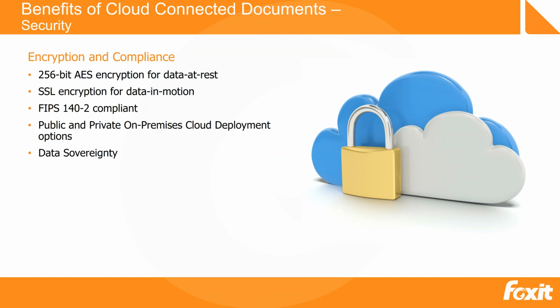Safeguarding sensitive PII and PHI and Homeland Security information is required as part of HIPAA, Privacy Acts, and other regulatory compliance. But Foxit Connected PDF comes deployed in a public cloud or, and I'll get into this a little bit later, the most secure environment, a private cloud deployment or on-premise. So your actual files can reside anywhere with Foxit connectors into SharePoint, OpenText, Box, most available cloud storage platforms.